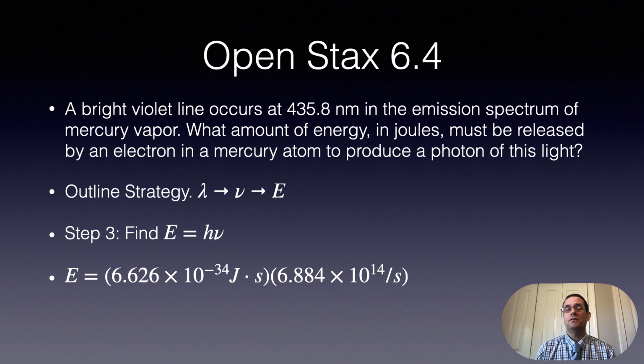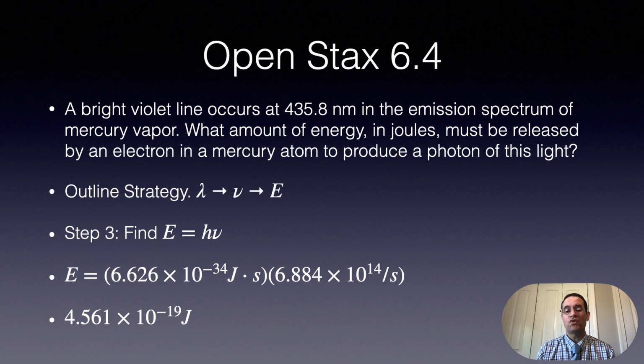That constant will be provided to you, and the frequency we calculated earlier. So the seconds on the left and the divide by seconds on the right cancel, and we're left with units of joules. It's an extremely small number because we're talking about a single particle of light, a single photon of light. So that's how you do this type of problem, okay?